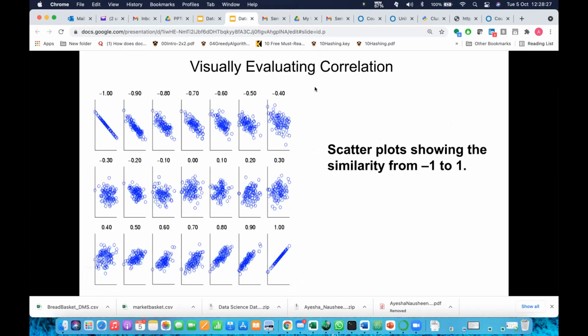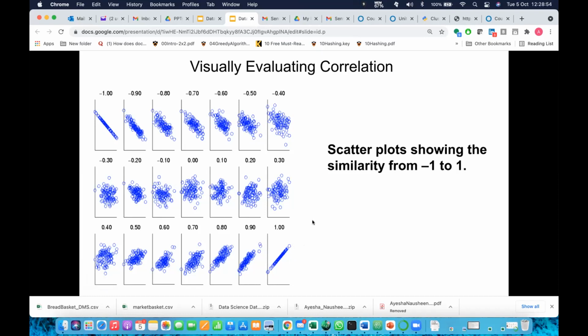Then visually evaluating correlation. Scatter plots show the similarity from -1 to 1. Here, as X increases, Y is decreasing, completely opposite. That is the extreme case. In the last one, as X increases, Y also increases in the same ratio. Then it is called positive correlation.